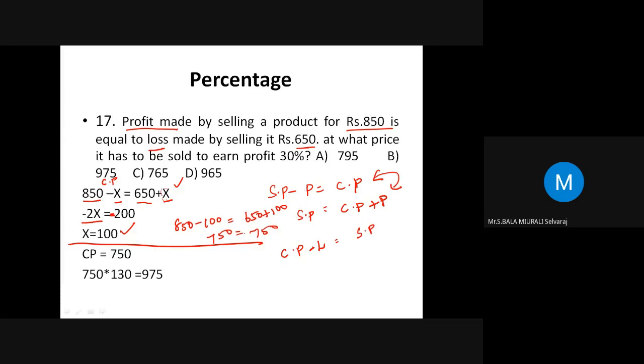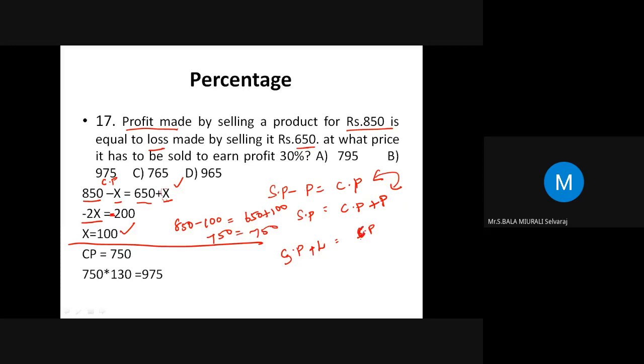So the question is, we know the cost price of the product is 750. Correct? Now we know the cost price of the product is 750 because we add up the loss and we deduct the profit from selling price, we will get it.